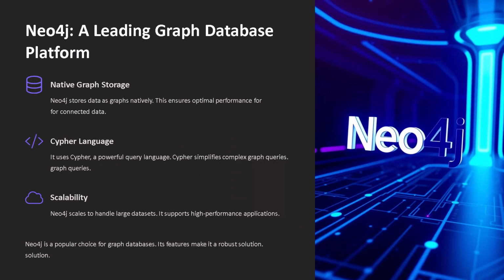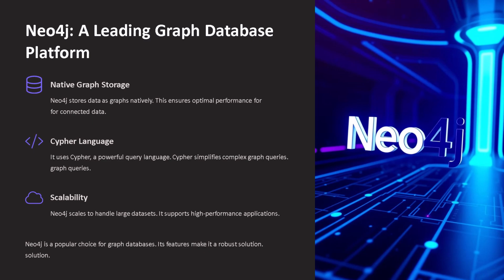One example of a graph database is Neo4j, a leading graph database platform. In this, native graph storage: Neo4j stores data as a graph natively. This ensures optimal performance for connected data.